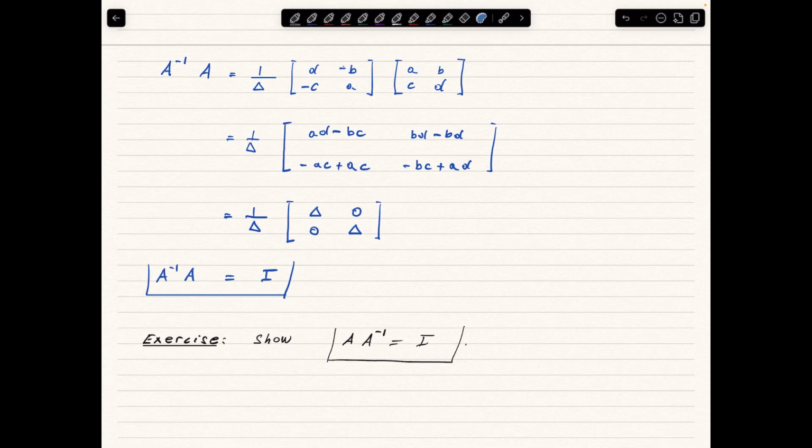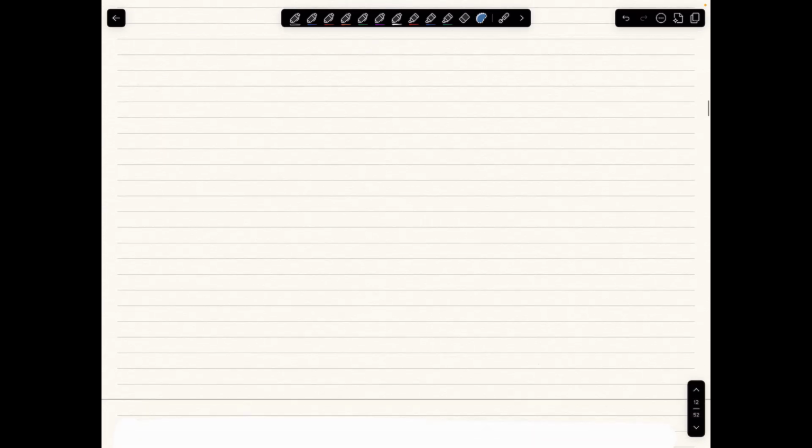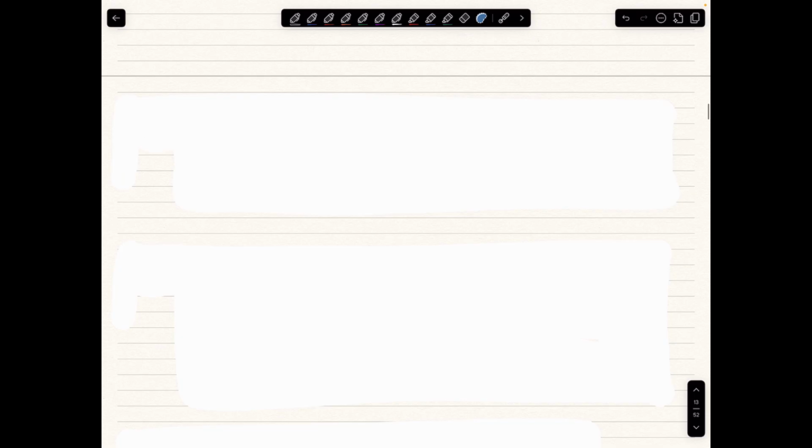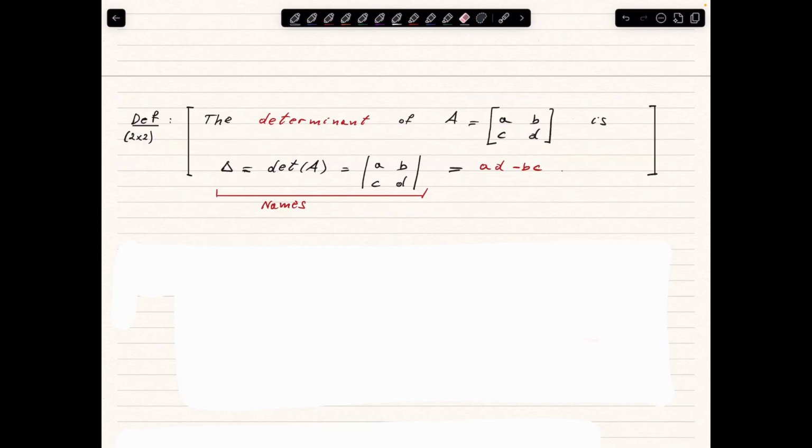So we can summarize what we have done in the following statement. First, we need to introduce a number that decides whether the matrix is invertible or not. It's called the determinant. The determinant of a 2 by 2 matrix A with coefficients A, B, C, D is a number that we call delta, but is also called det A, and is also denoted with straight bars.